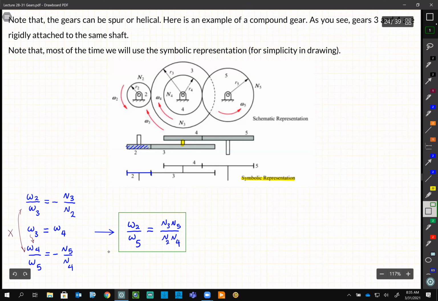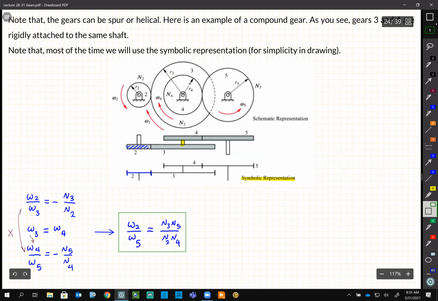And also you can always double check your answer. You do not rely on the formula. Just visualize, the same way that the picture on the top shows. If my omega-2 is rotating clockwise, then definitely 3 is going to be counterclockwise. Visualize 2 gears. And then 4 is going to be the same as 3.